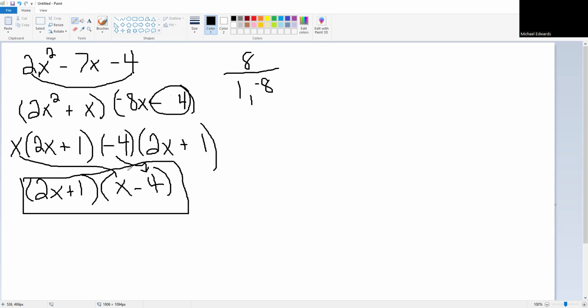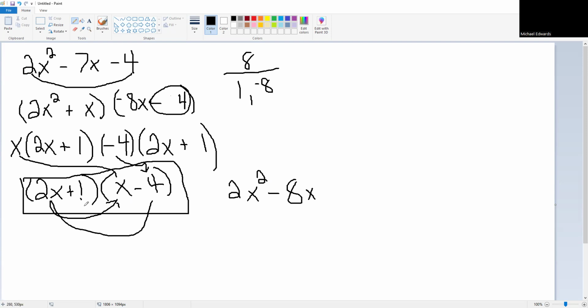Now let's check it just to make sure. So using the FOIL method, we have 2x times x, which is 2x squared. We have 2x times negative 4, which is negative 8x.